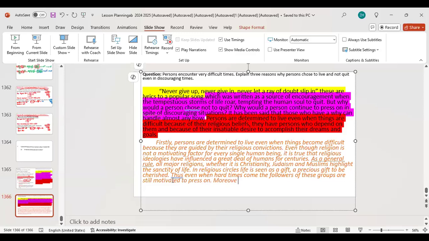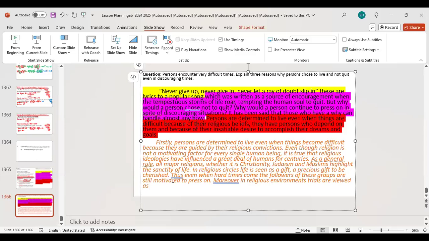Moreover, in religious environments, trials are viewed as, how do you view trials? Those things are what? They are a test of faith.